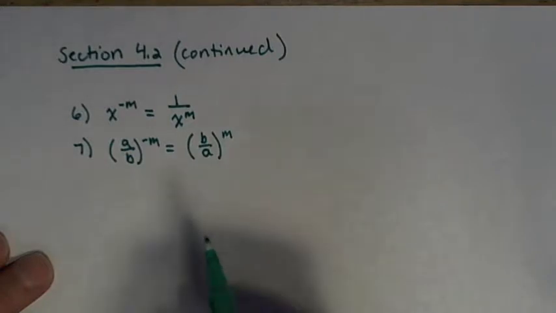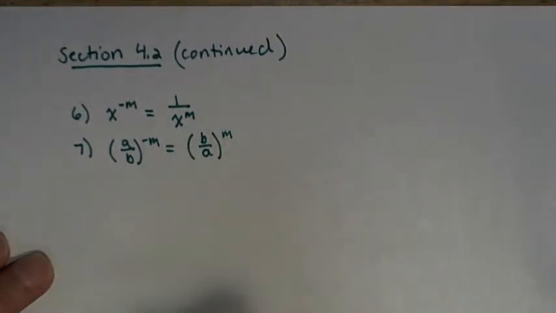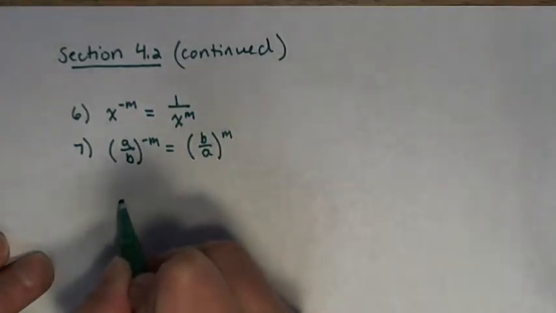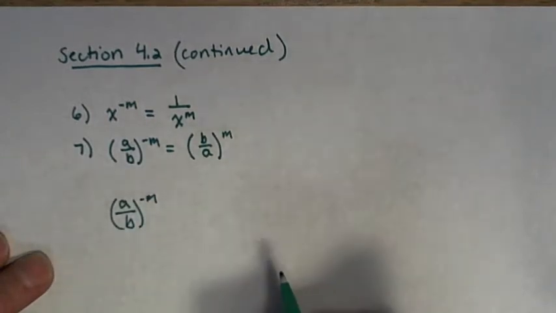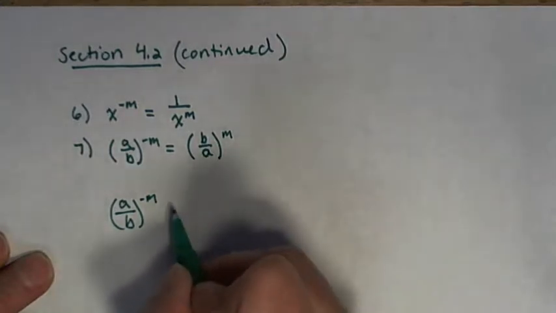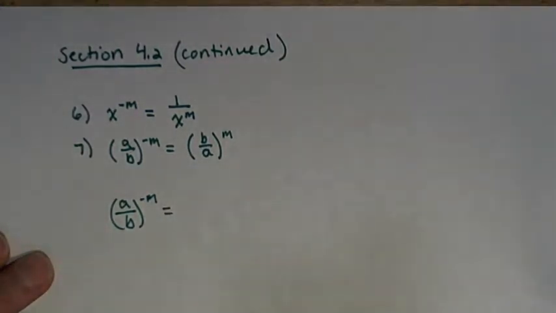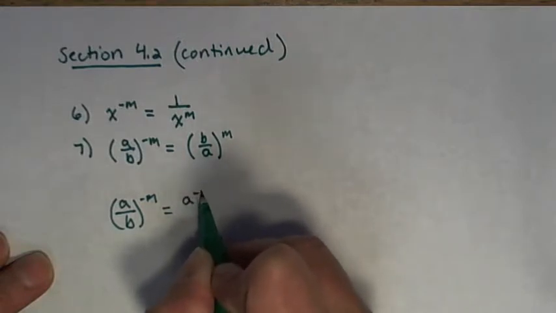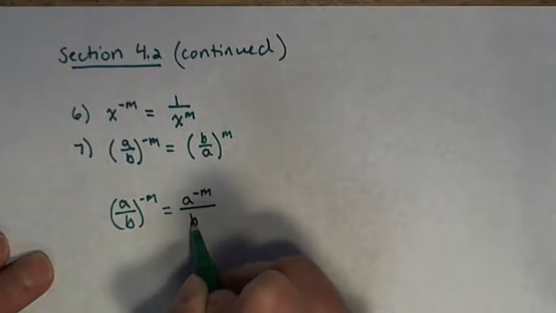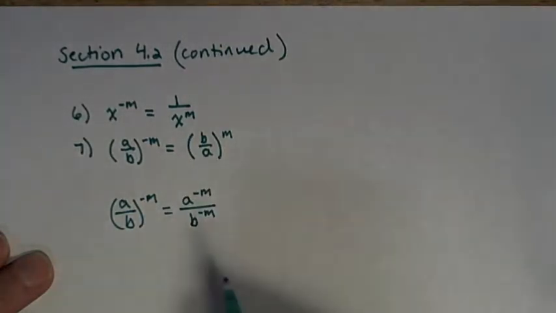Now there's another way to think about this rule number 7 that I would like to talk about for just a moment. Think about the fact that you have a over b raised to the negative m. If I go back and apply the expanded power rule here, I could choose to write this as a raised to the negative m over b raised to the negative m, because again this negative m affects both the a and the b.